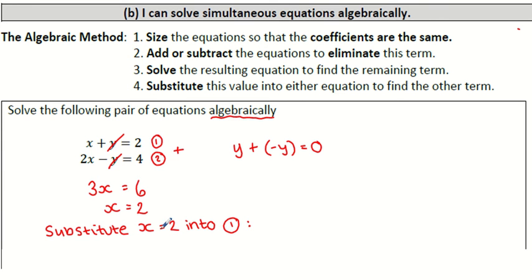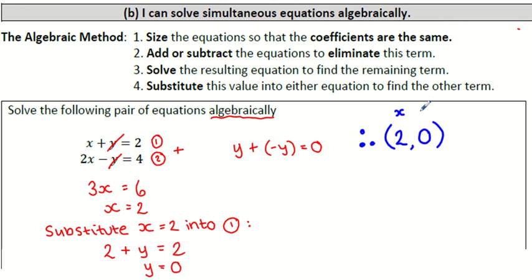Now, when we substitute x equals 2 into equation 1, we would have 2 plus y equals 2. So 2 plus something is 2, y must be 0. So therefore, our final answer would be 2 for your x value and 0 for your y value.